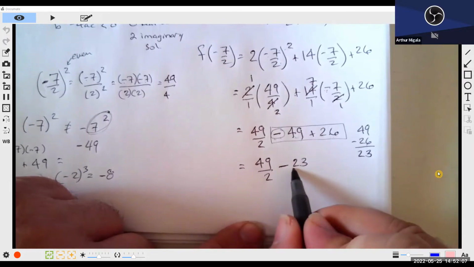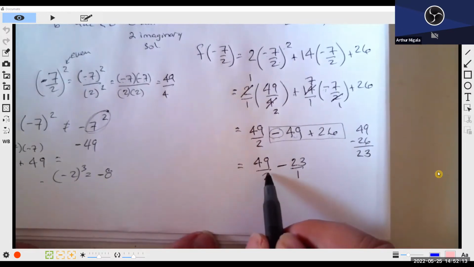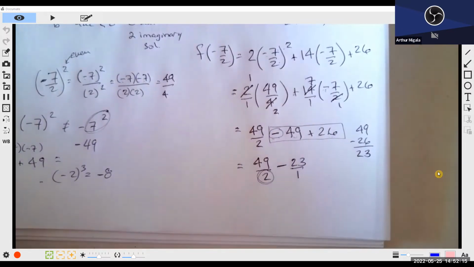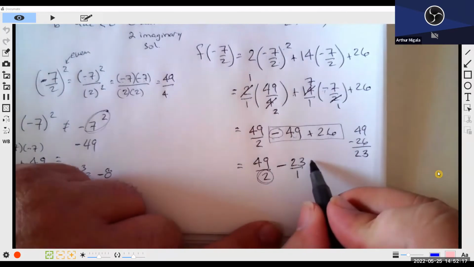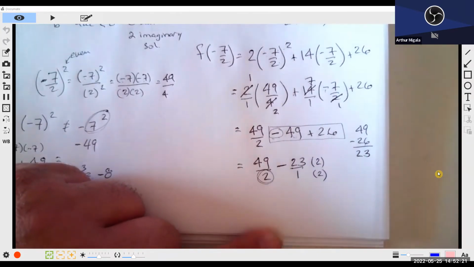Since this is a fraction, and we have another fraction there, everything's over 1. We need a common denominator. We need a 2 as a denominator, so we have to multiply this one by 2 over 2.